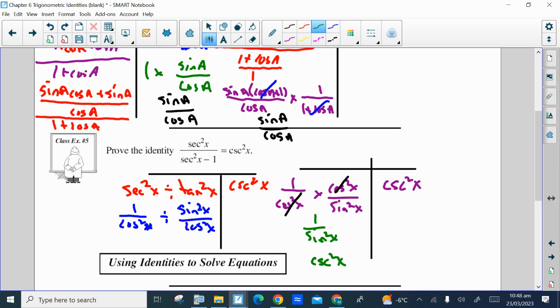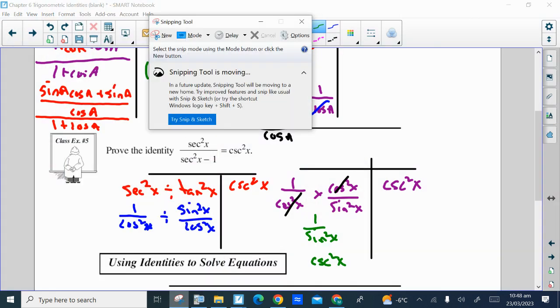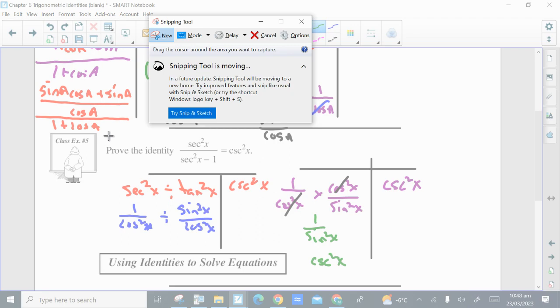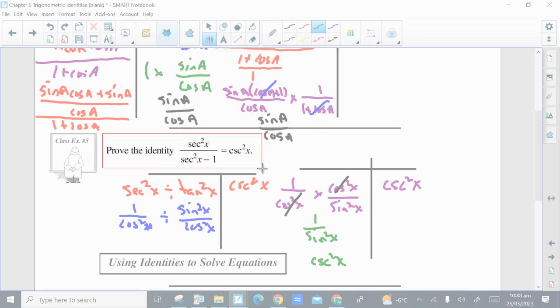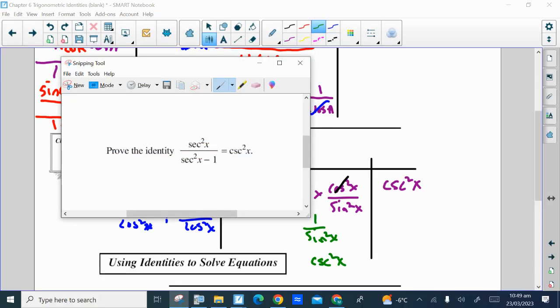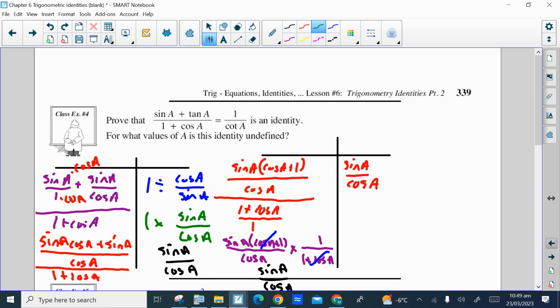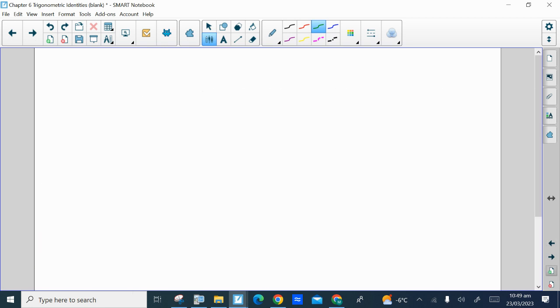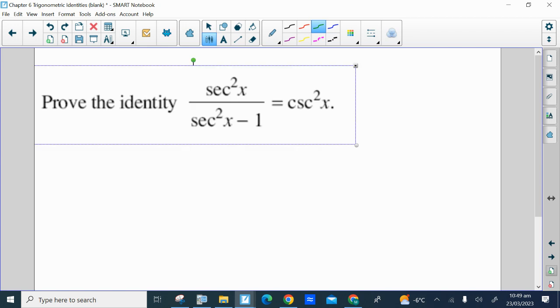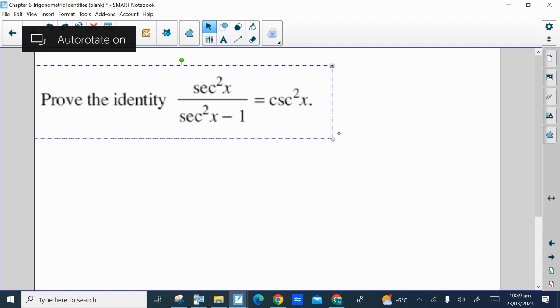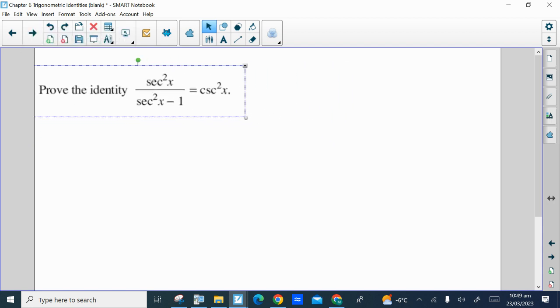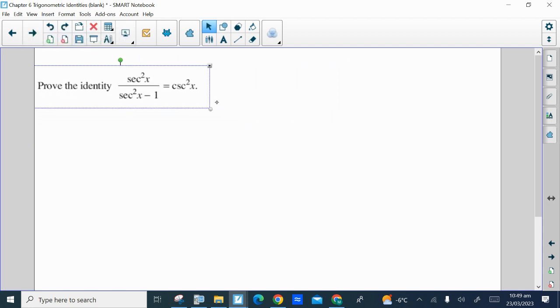Now, as I said, there is often more than one way you can do these. So if I take that original identity and let's paste it to a new page here. Let's see that there's another way that we could do this. This one is going to take a few more steps, but it'll work.